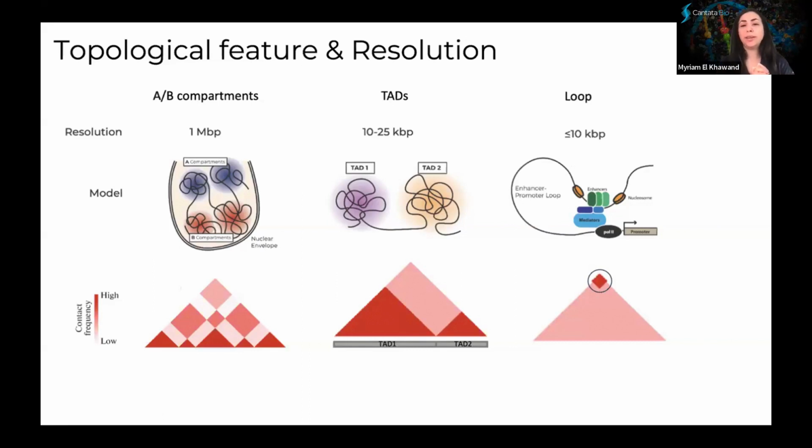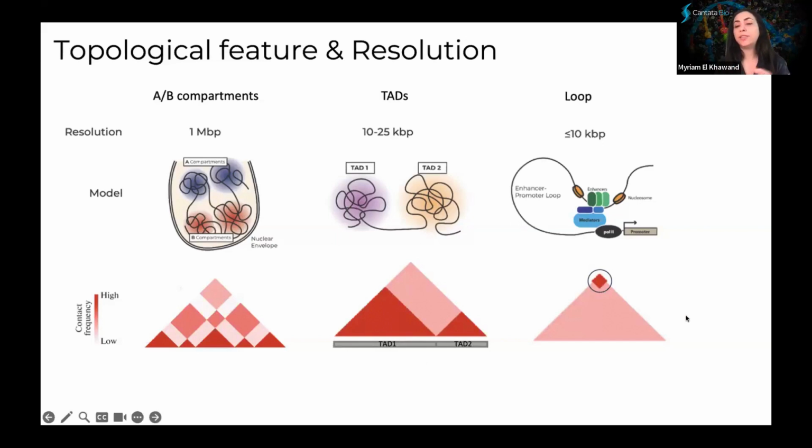So you can see 1 kb, even 500 base pair resolution. And the way you would see the loop on a Hi-C contact map is a strong signal at the apex of a triangle. And what this is showing you is that this region in 3D space is in proximity to or interacting with this region. And that's usually a regulatory element and a promoter.